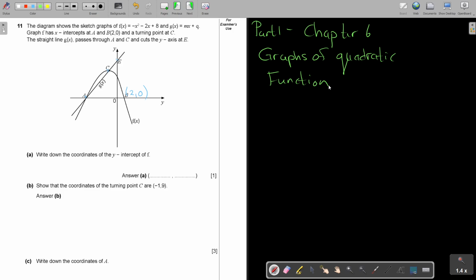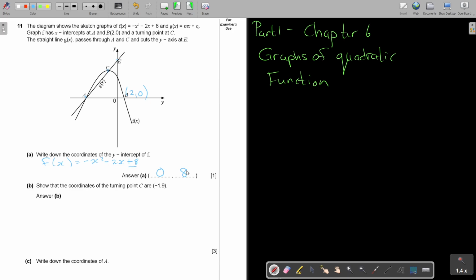So write down the coordinates of the y-intercept of f. So what is my function f? Let's just write it down again: negative x squared minus 2x plus 8. Now I can already see it because it's the value without an x. It's the c value. So I already know it's 0 and 8.